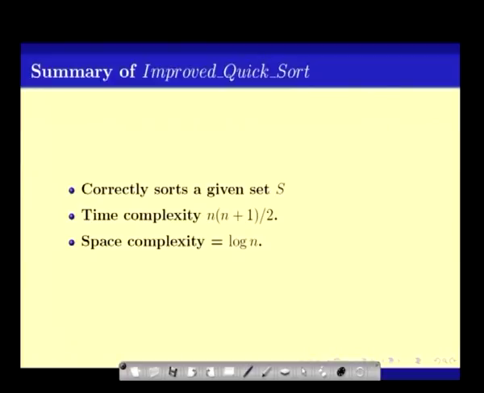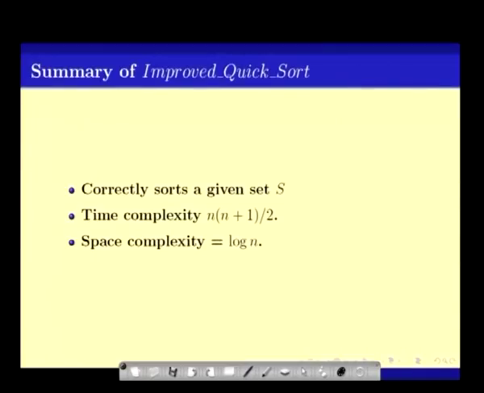We have split this set S into two parts, greater than x and less than x, within that set. So we have not used any extra space, and the space complexity is only the amount of space required to store the indices. So, the space complexity is log n.